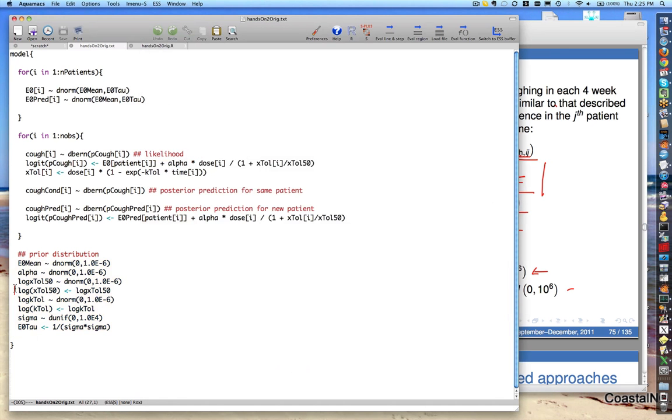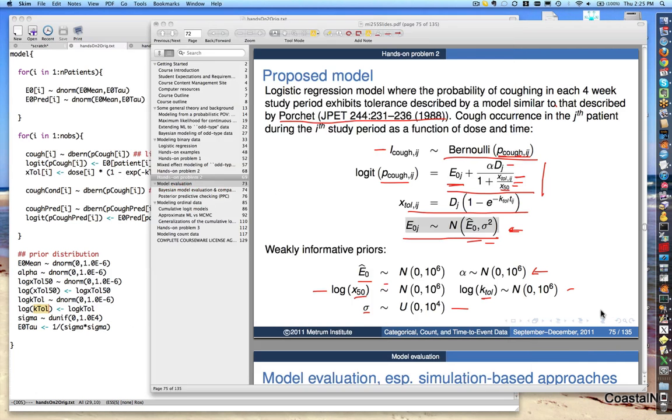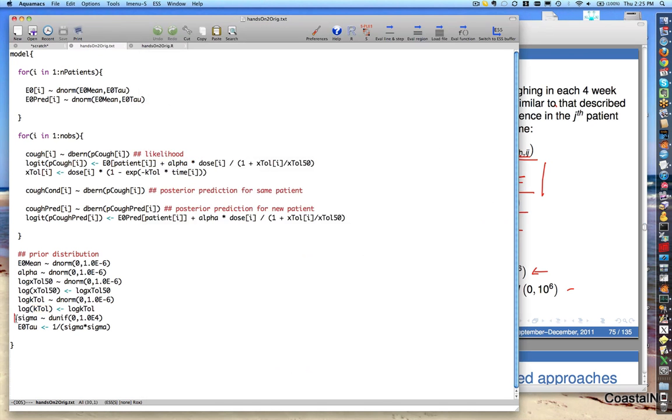And then the other statements here are just things to convert it back to the anti-log, in this case for both xtol 50 and ktol. And then finally over here, I was doing sigma being uniform 0 to 10 to the fourth, and same deal right here. And this statement is just converting that to a precision.